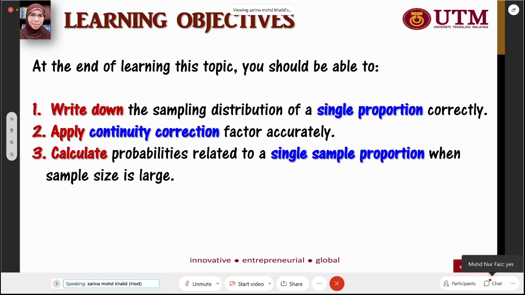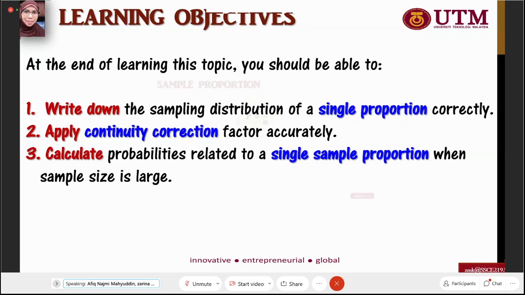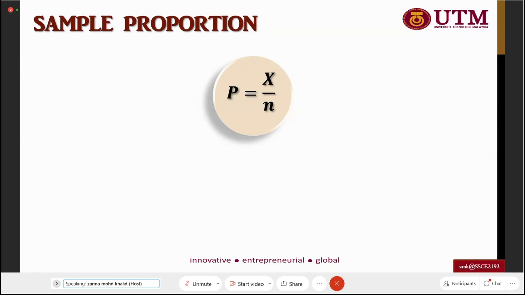Okay, this is the sample proportion. The sample proportion is defined by x over n. Remember when we learned about the binomial distribution, you have the number of successes in n trials. For this particular topic, the number of trials is the same as the sample size, n.